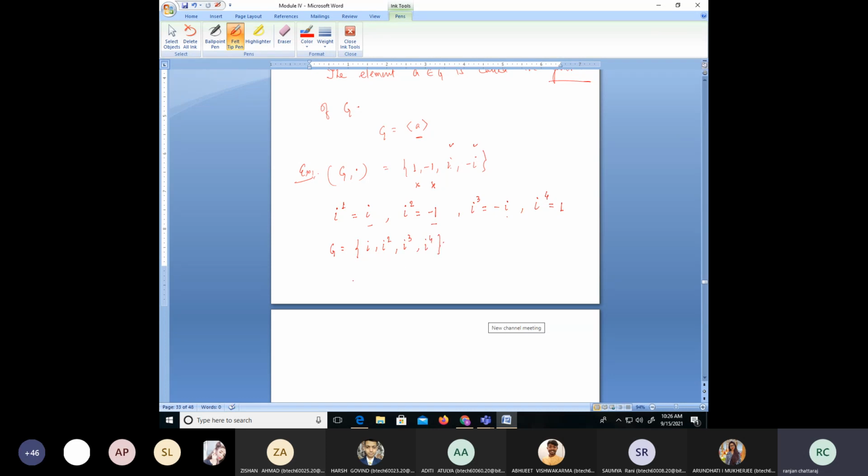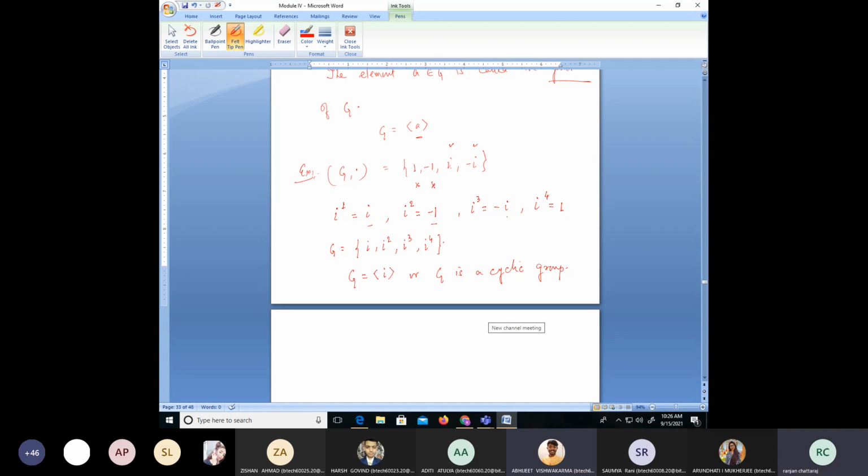That means you can say G is a cyclic group generated by i. Is it clear?